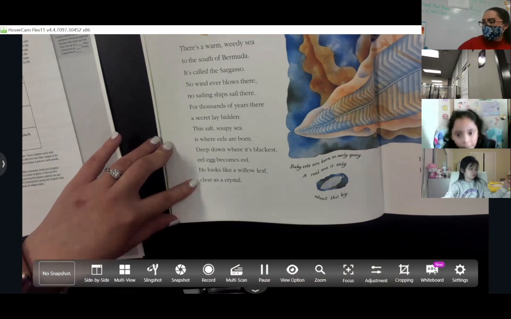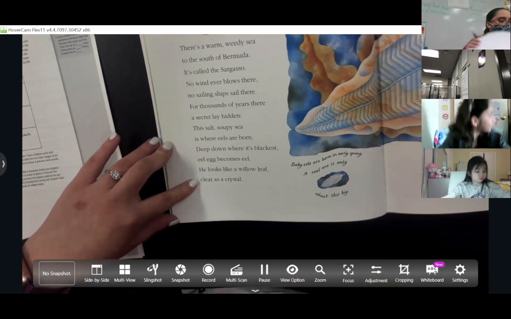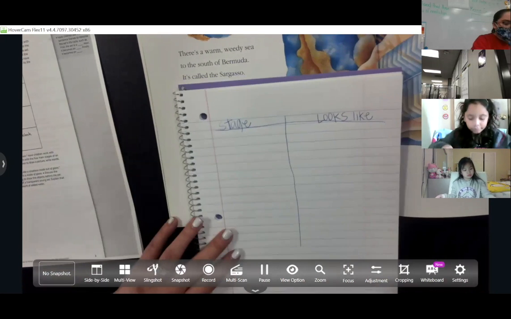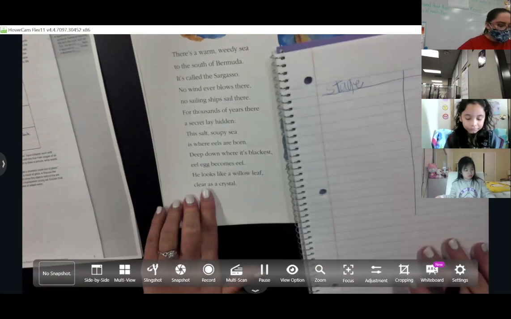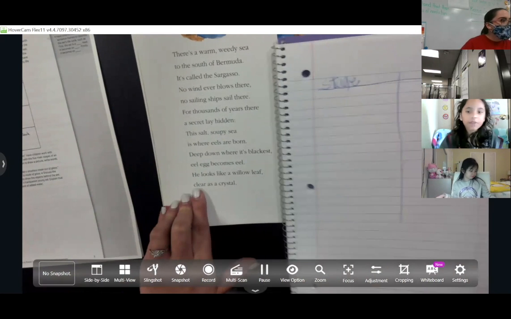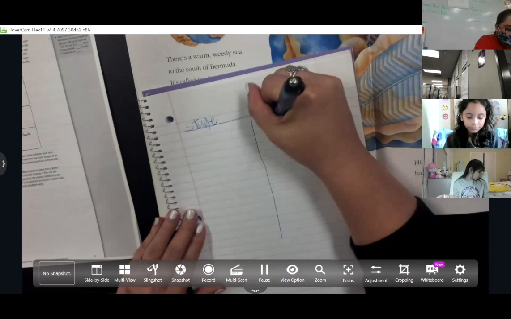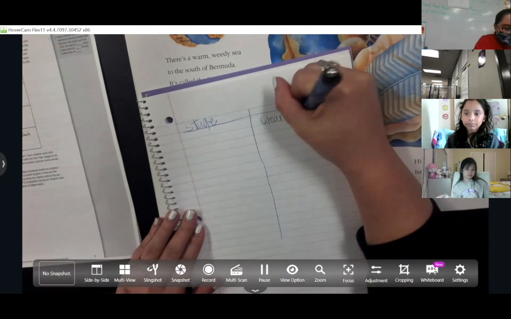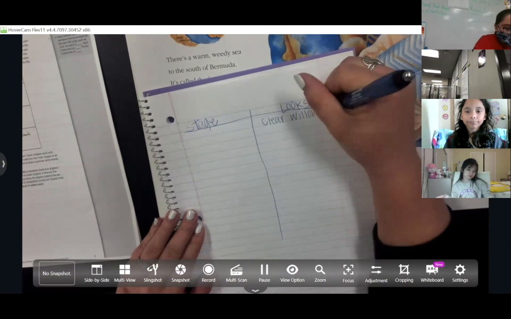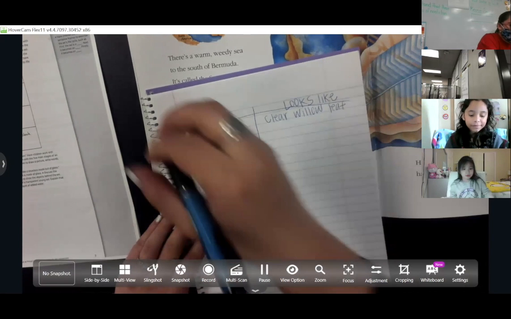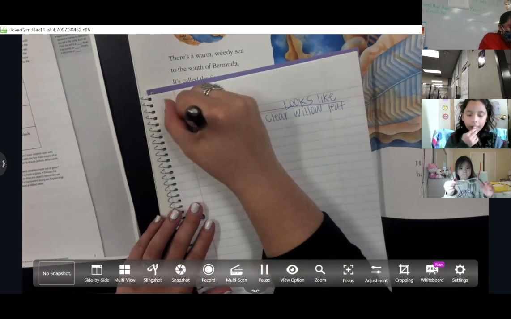I think I want to write that in my chart. That's going to help me remember what that looks like. So right here, it says it looks like a clear willow leaf. So I'm going to say clear willow leaf. And we're talking about the baby eel.